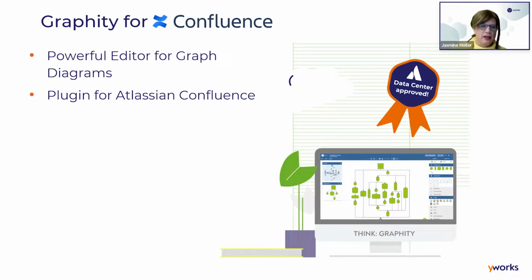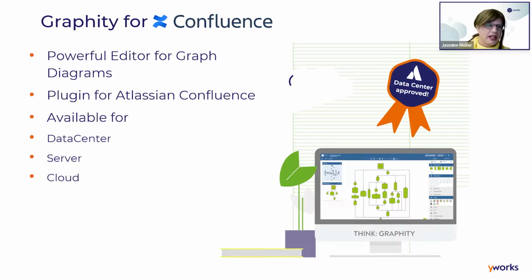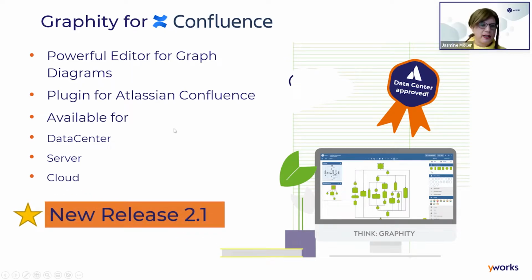It's a plugin for Atlassian Confluence, on the market for a couple of years now, and available for all three major Confluence platforms: Data Center, Server, and Cloud. Last week we had a new release, 2.1, and I'm going to show you a few of the main features. Hopefully you enjoy the presentation.